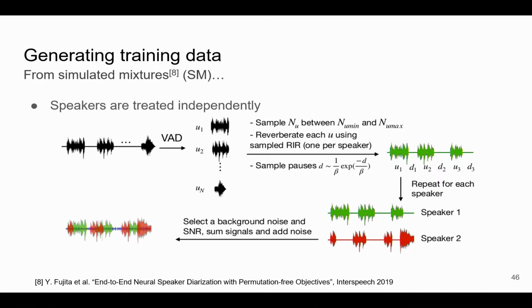Maybe it doesn't have diarization labels, that's for sure, but it does have identities. So you know which speaker is on which side. Across recordings, you know this is the same speaker here and here. So maybe I can use this to generate synthetic data.